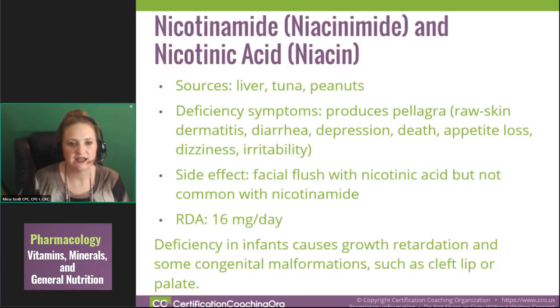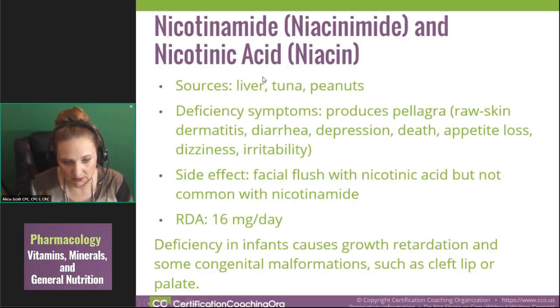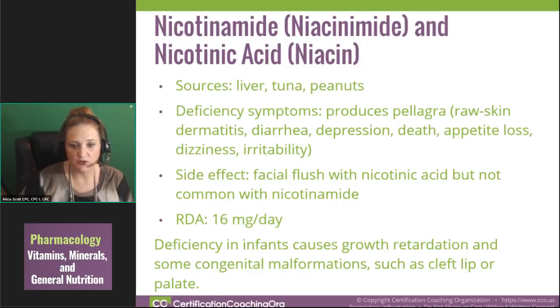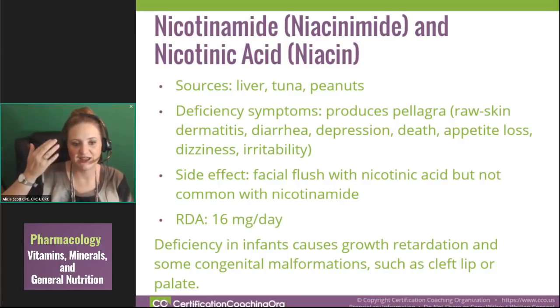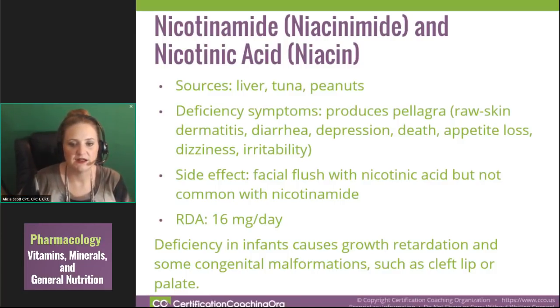Niacin is liver, tuna, and peanuts. We've already mentioned that. 16 milligrams a day is what the RDA recommendation is. But if you want some more side effects to know if somebody's low, that facial flush, that they get flushed, is one of the signs and symptoms of not having enough.